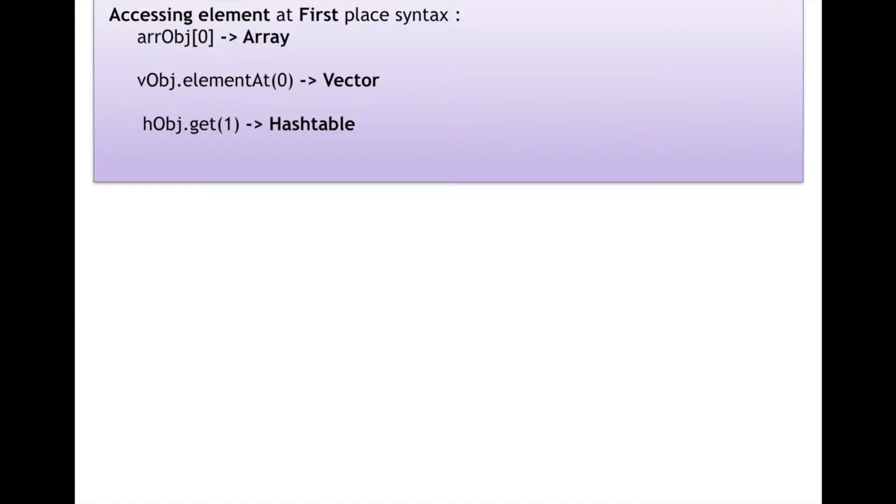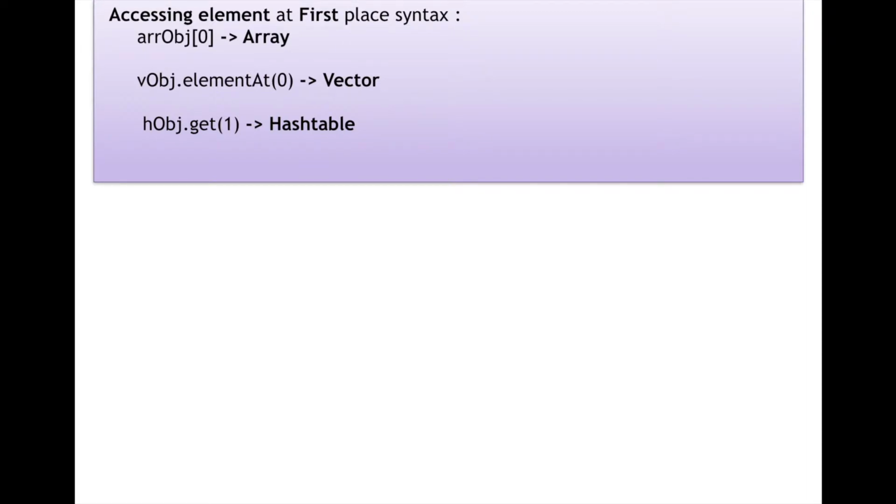Next, accessing an element. If you want to access an array element, we need to use the first syntax, that is the array object name, and in square brackets we give the index of that particular element. Whereas in vector we use the elementAt method, which takes the index as a parameter.